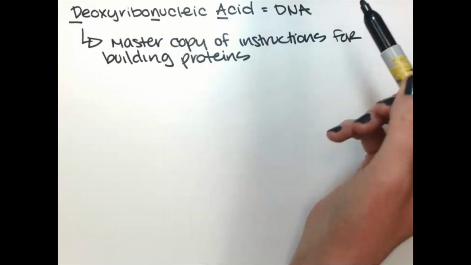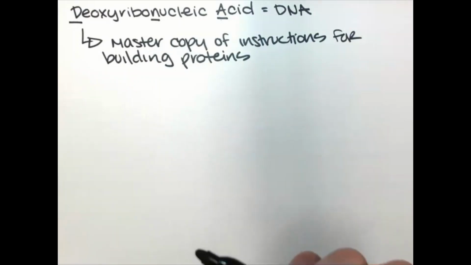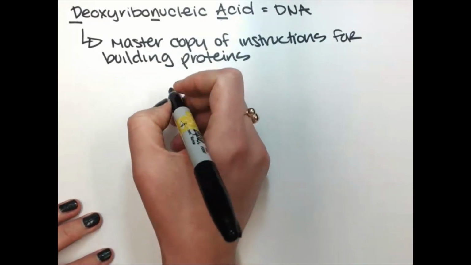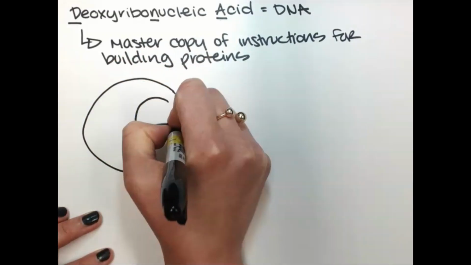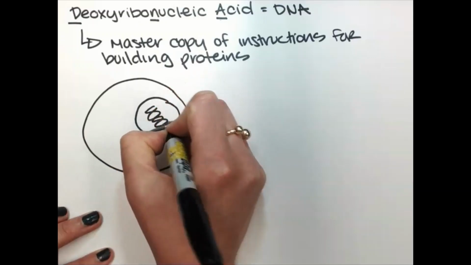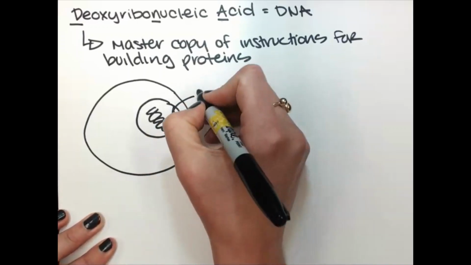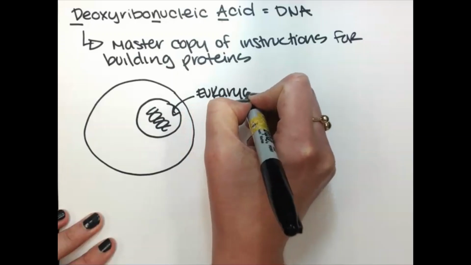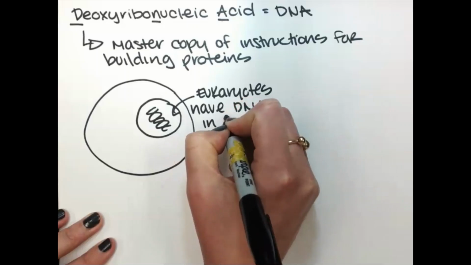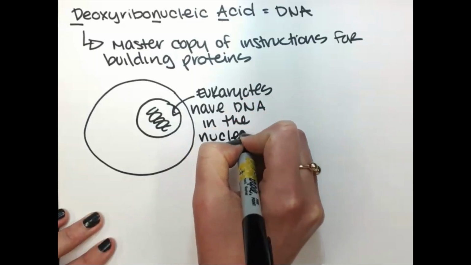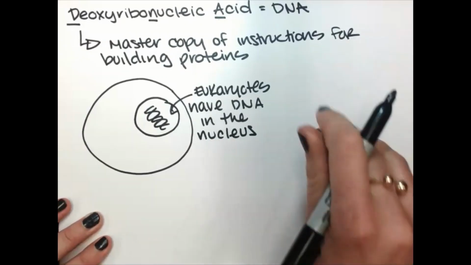It's super important because it tells you how to make functional proteins, and then the proteins do all the work and give you your traits. So DNA, you may remember, if you're looking at a eukaryotic cell like you and me, the DNA is stored in the nucleus. So eukaryotes, they also have it in their mitochondria and chloroplasts, but it's a little extra.